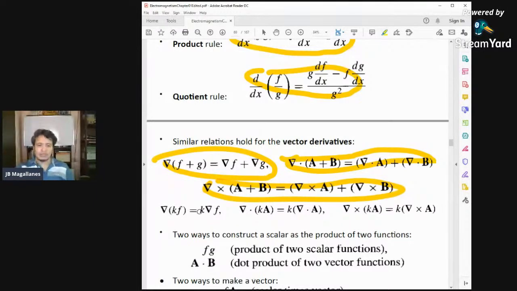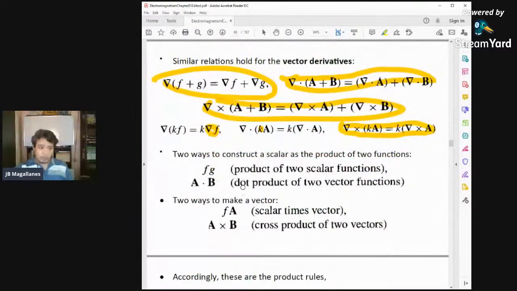You can take that out of the del, so you're only operating del on a function. This k is also a scalar, so you can take it out of the del. This one is the same argument, only that this is a cross product. This one is a dot product. So remember, the dot product always gives you a scalar, and the vector product always gives you a vector. It has direction.